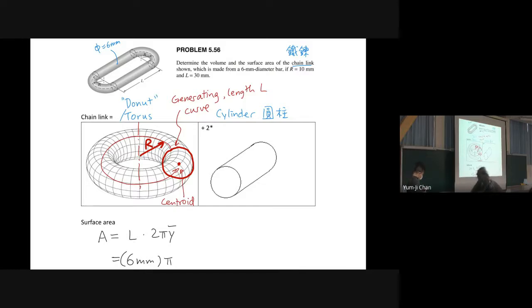And then we multiply by 2 pi times R, which is 10 millimeters.